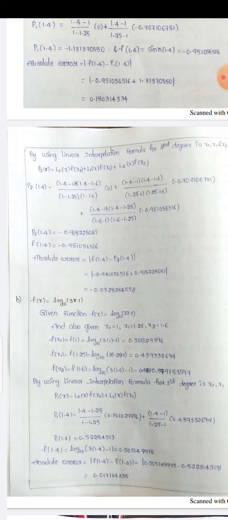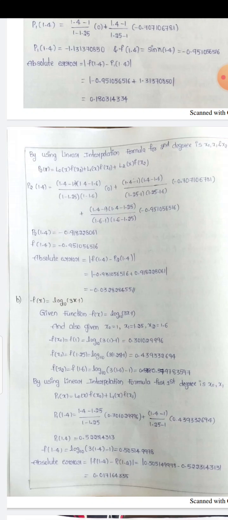By using the linear interpolation formula for first degree with x0, x1: p1 of x is equal to L0 of x into f of x0 plus L1 of x into f of x1. p1 of 1.4 is equal to 1.4 minus 1.25 by 1 minus 1.25 into 0.301029996 plus 1.4 minus 1 by 1.25 minus 1 into 0.439332694. p1 of 1.4 is equal to 0.522314313. f of 1.4 is equal to log 10 of 3 into 1.4 minus 1 is equal to 0.505149978.